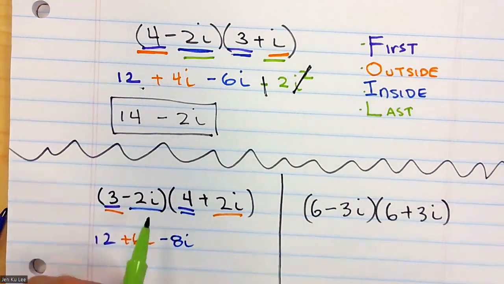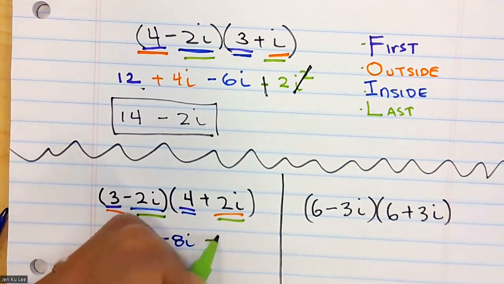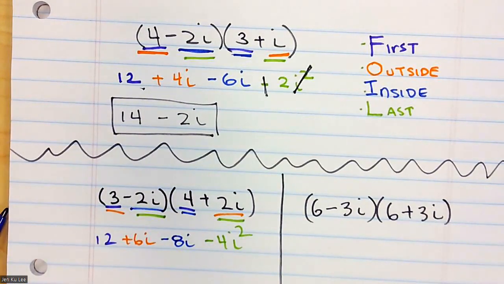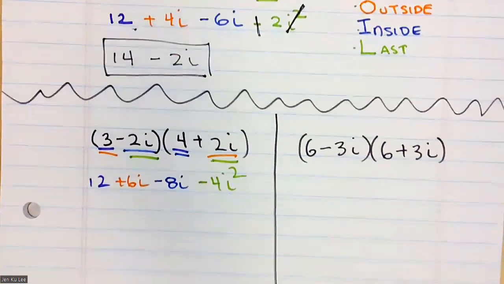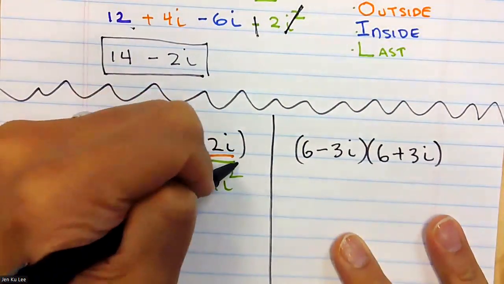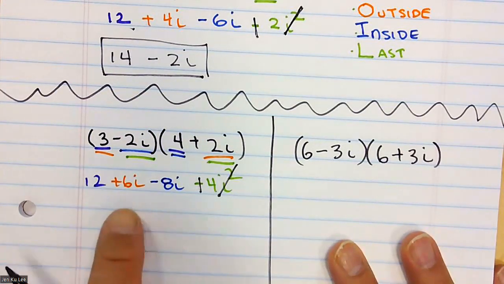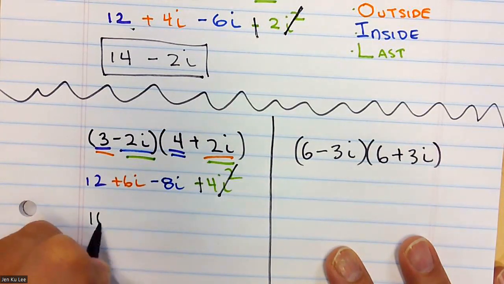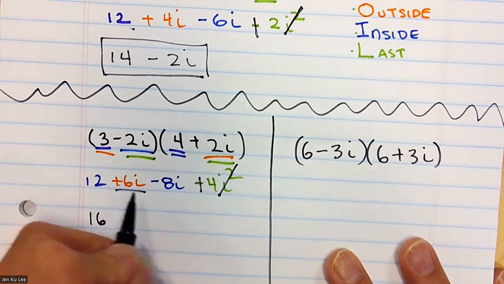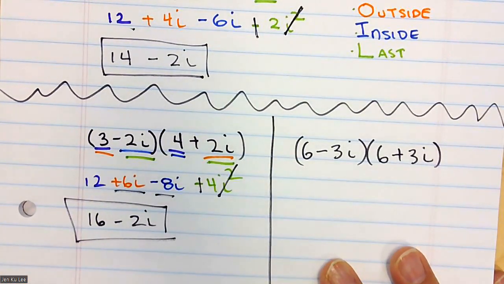And then last, negative 2i times 2i is negative 4i squared. So remember, whenever you see an i squared, just cancel it out and change the sign. That's a plus 4. So 12 plus 4, that is 16. 6i minus 8i, that's minus 2i again. So that's your answer.